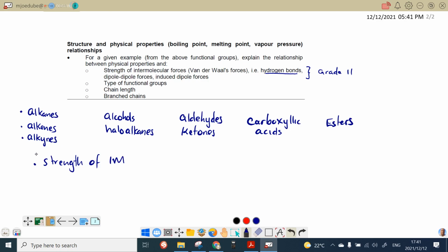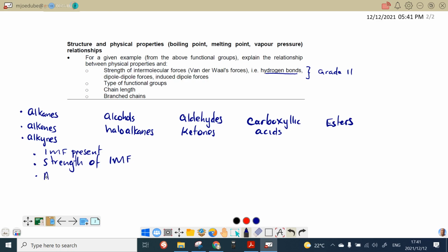First you need to identify the intermolecular force present in a particular scenario, and then you look at the strength of the intermolecular force that is present, and then from there you should be able to say, okay, if it is strong, it would mean that it is going to require more energy.